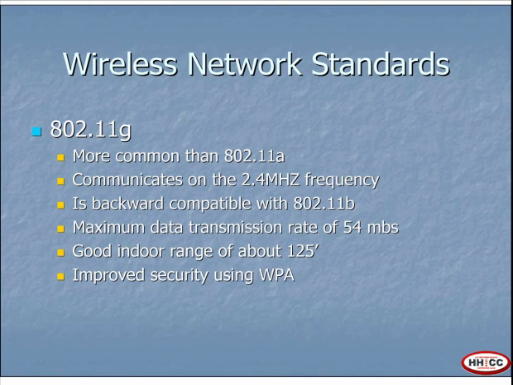It has good indoor range of about 125 feet, but again, this will vary with the conditions of the building that it's in, as the transmission rate also will vary. You seldom will get 54 megabits a second. It also uses improved security using the WPA encryption, which is Wi-Fi protected access.